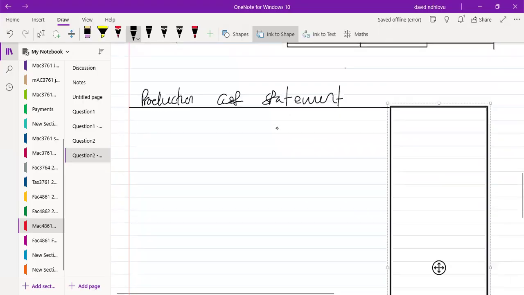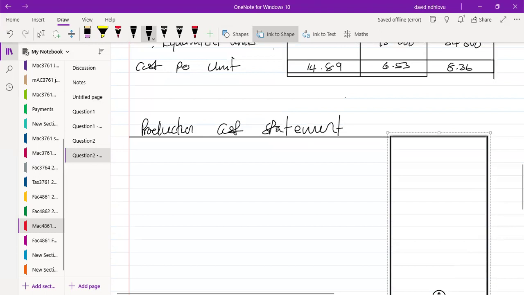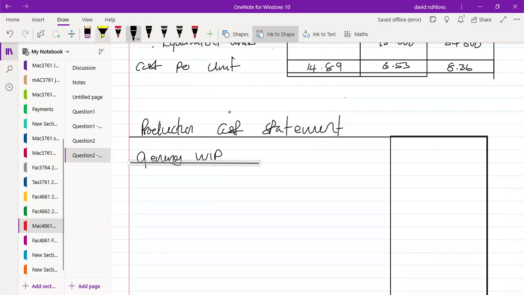But then again, we are now saying, what is the value of opening WIP? Because in accounting, at some point, we're going to need the opening WIP. Remember, we need to calculate cost of sales, and cost of sales will require that we are able to determine the cost of opening WIP.